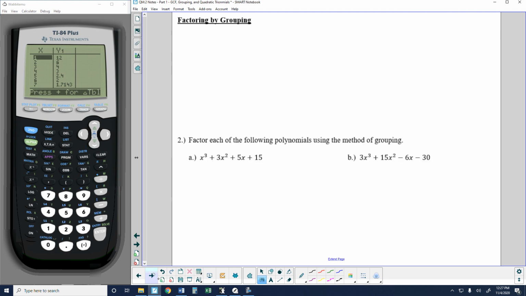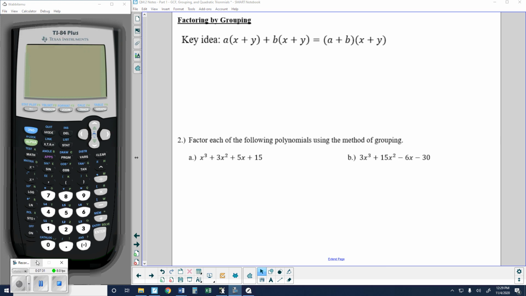Another technique that we have is what we call factoring by grouping. Factoring by grouping relies on one key idea, that if we have two coefficients for a binomial that is the same, so this binomial is x plus y, we can combine those coefficients into another binomial.